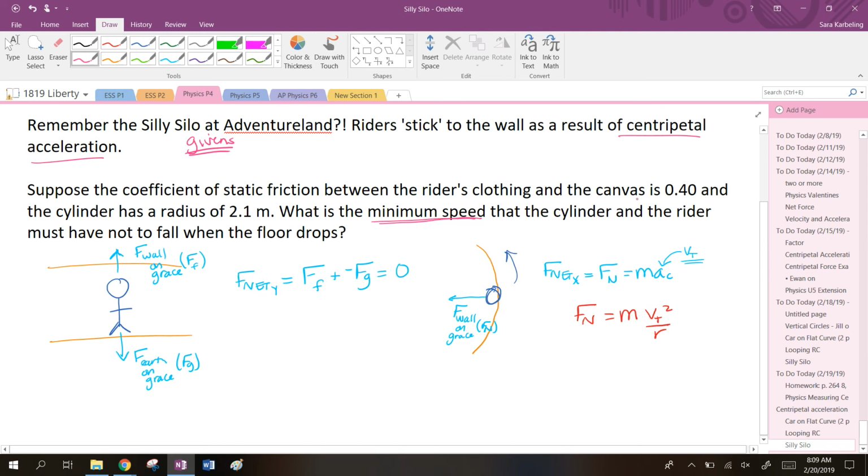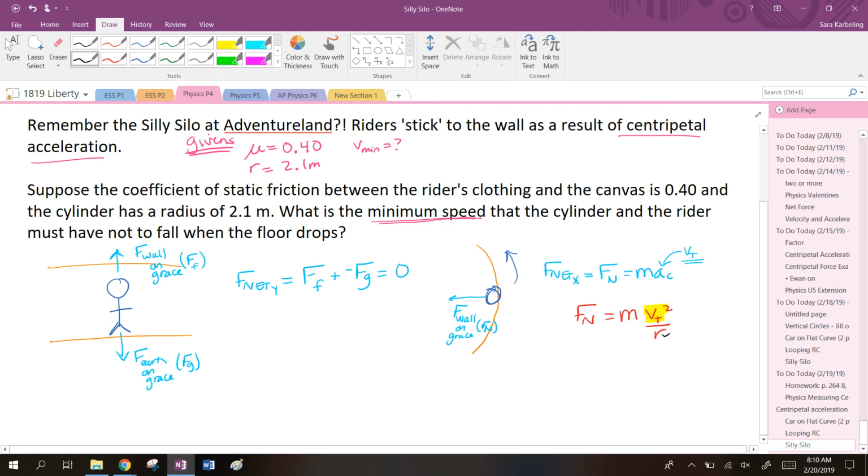We've got the coefficient of friction is 0.4, and the radius is 2.1, and it wants to know the minimum speed. All right, so we've got the thing we're looking for. We know the radius.